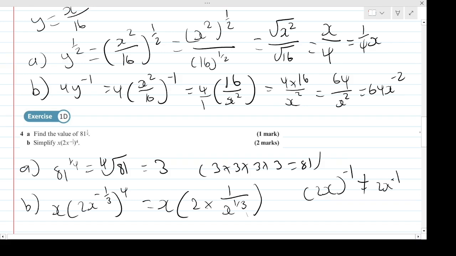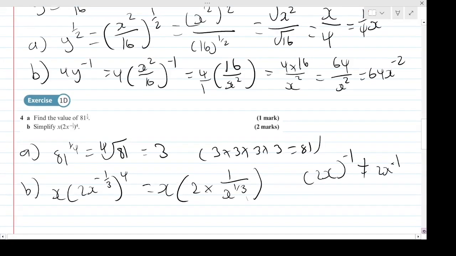Okay, recognize that because the negative here is only the index of x. It's not the index or the power of the whole bracket. The 4 is the power of the whole bracket. We will be applying the 4 to every number, the 2 and the x. But the minus a third, the minus is only applying to the x. So we only take the reciprocal of the x part here. Hopefully you can realise that.